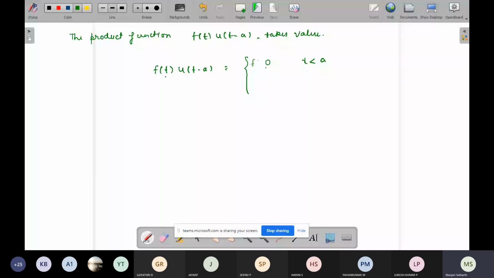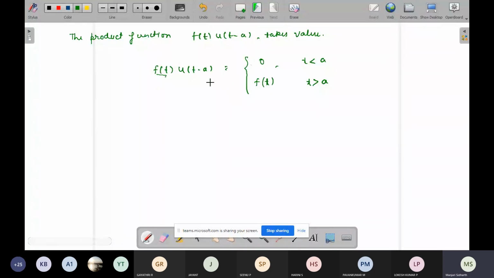Anything multiplied by 0 gives 0 only, so simply write 0. And if t is greater than a, its value is 1, and multiplied by f of t, it gives f of t.